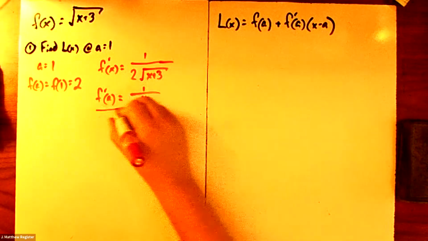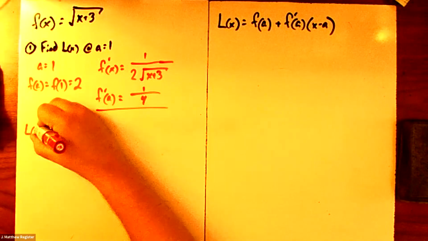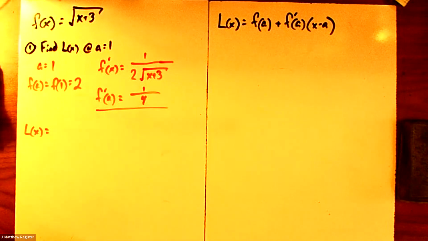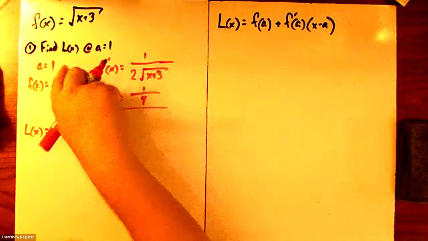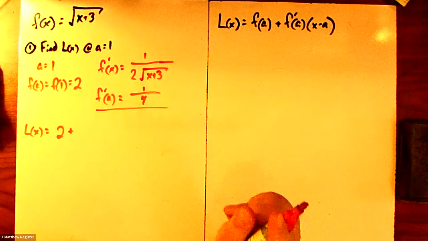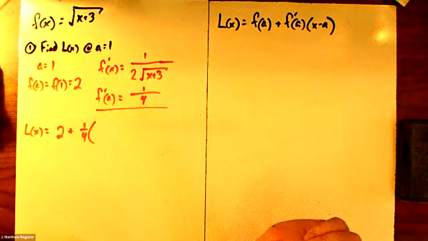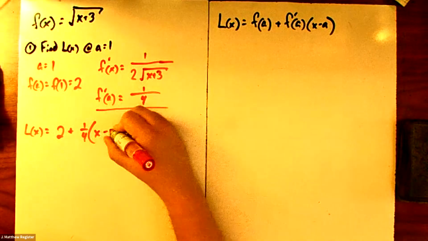And so that would tell us that our linearization L of x is going to be equal to f of a, which is 2, plus f prime of a, which is 1/4, times x minus a.